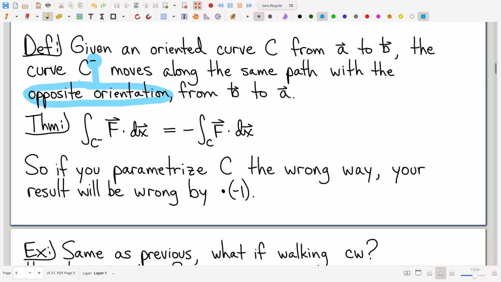I think it's a very reasonable notation. The book uses this notation, at least for a while, and then they switch, which I think is weird. But anyway, we're going to use that notation. And as we just discussed, if you go the wrong direction, you should get a wrong answer by a factor of -1. So everything that we have on the page here is what we've already said. This is just writing it down a little bit more formally.